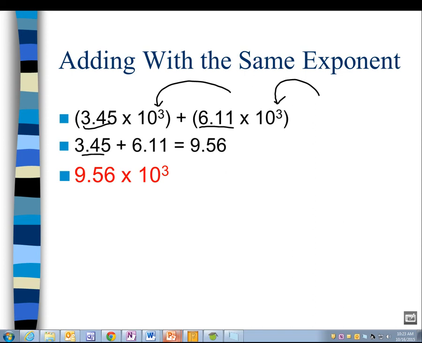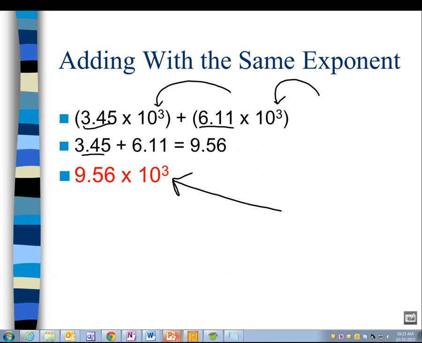Yes, sir? Well, that's not the final answer. The final answer is right here. That is simplified. Scientific notation is simplified. That is solved, because all you're doing is just adding zeros to it. That would be 9,560, that sort of thing.